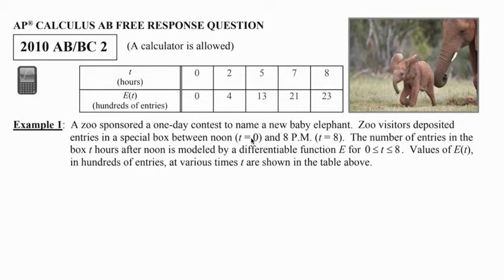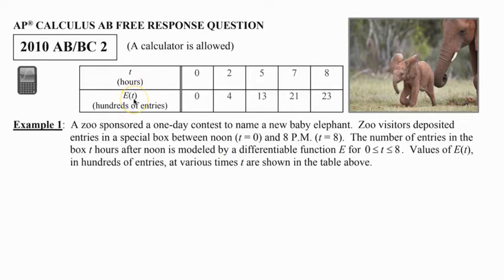So we could actually do trapezoidal rule on this. We could do left Riemann sums, right Riemann sums. We could do the average number of entries during the day using our average value. Let's talk about that. The average number of entries per day in hundreds. The minute I say average of what?